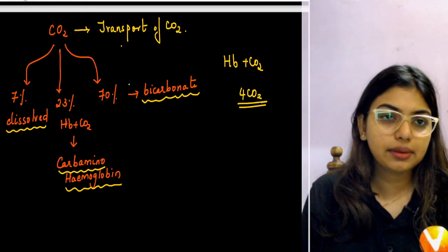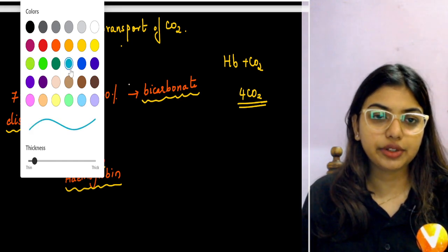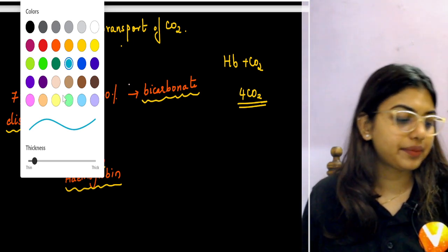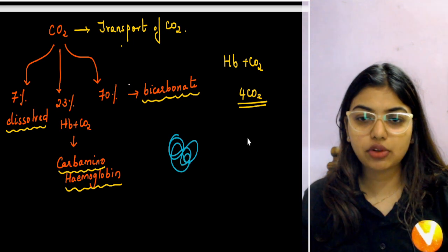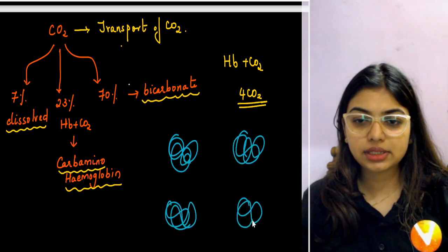Which color to take? I'll take blue, or I'll take something else. So students, this is hemoglobin, this is a hemoglobin chain, this is a hemoglobin chain, this is a hemoglobin chain.